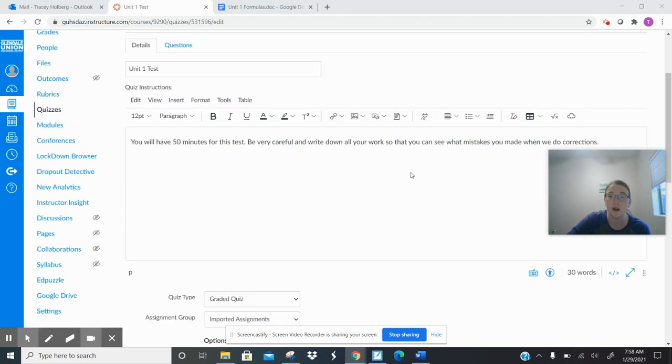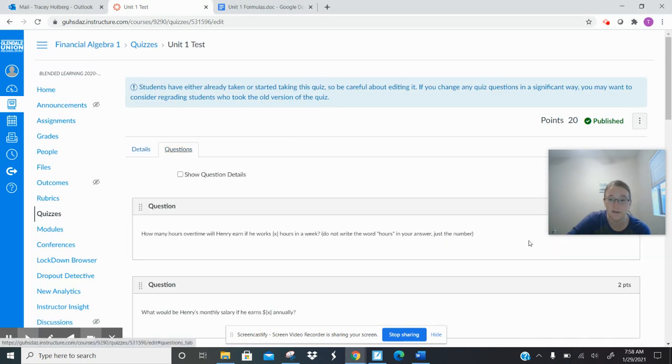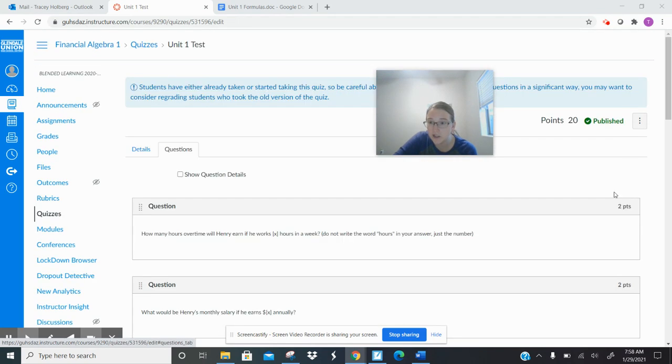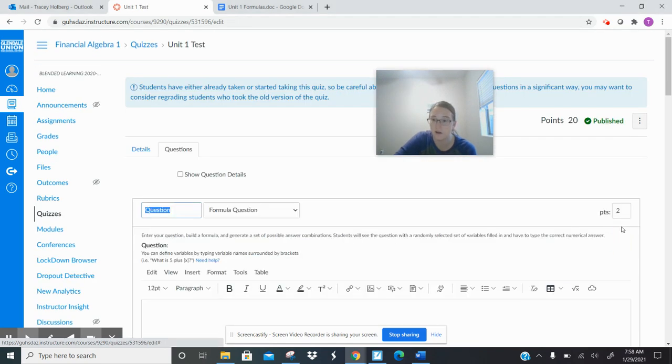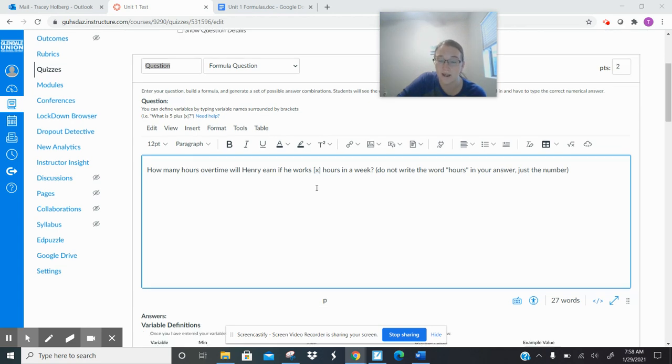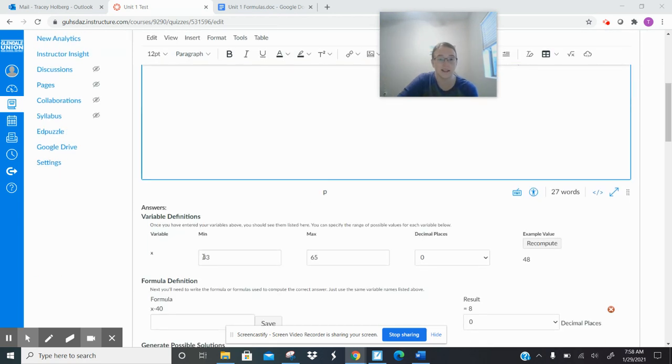So I want to show you guys, this is how I make a test in Canvas. Even just an easy question like this. So what I can do is I create a little variable here. It says, how many overtime hours will Henry work if he works X hours in a week? And then what I can do is I can say in Canvas, I want X to go from this number to this number.